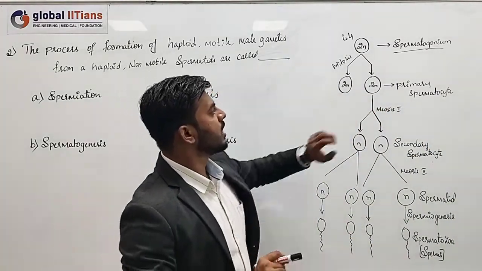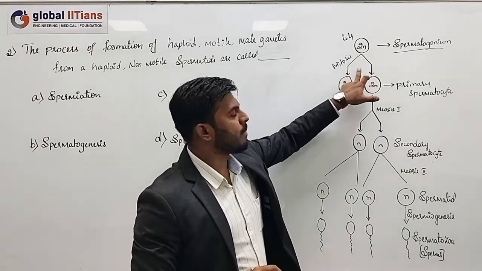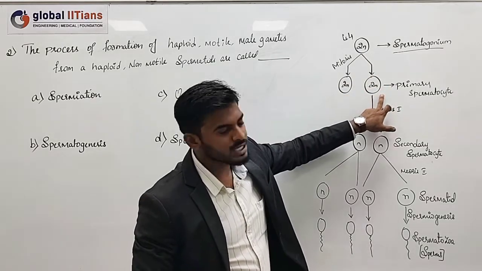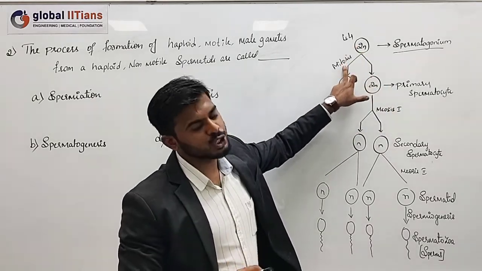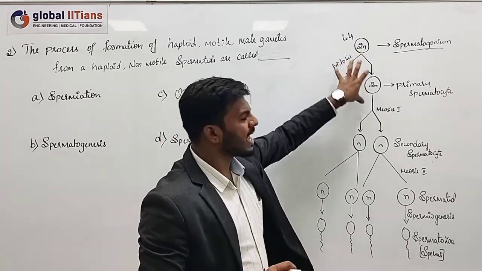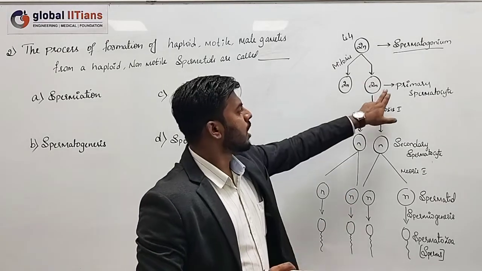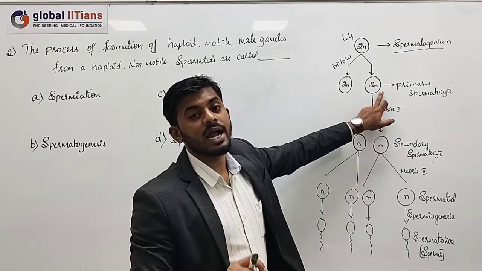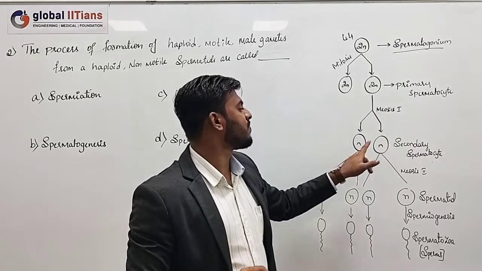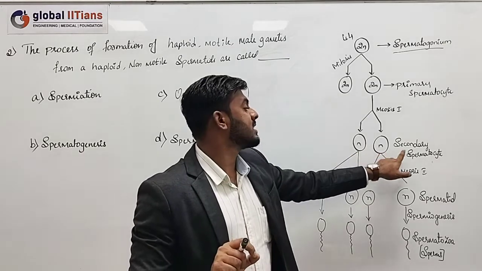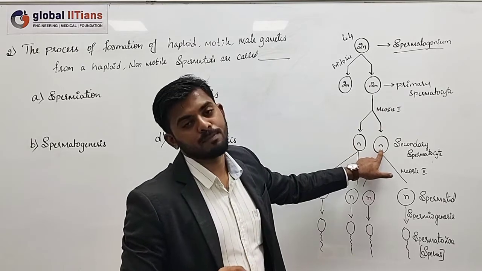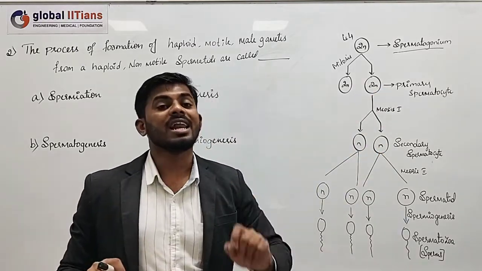Listen students, here the spermatogonium undergoes mitotic cell division. As a result of it, we get the primary spermatocyte. Here the mitosis is an equational division, like we saw in the previous question. The same number of chromosomes is maintained here. Now this primary spermatocyte undergoes a reductional division called meiosis. As a result, we see the haploid secondary spermatocyte. So this is diploid, and their daughter cells are haploid, meaning the number of chromosomes is reduced here.